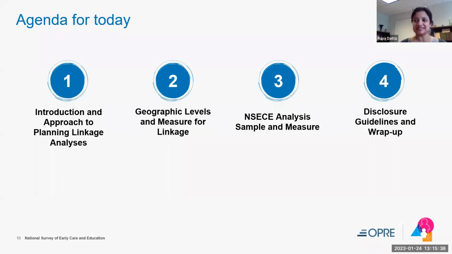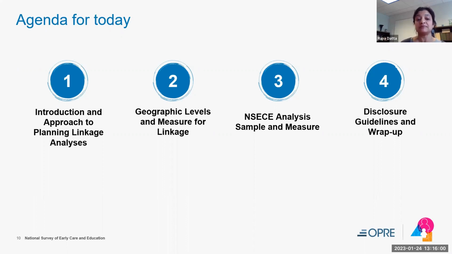So what's our plan for today? We will introduce an approach that we have built over time in working with linkages to NSECE data that we find helps us and others plan a linkage analysis.